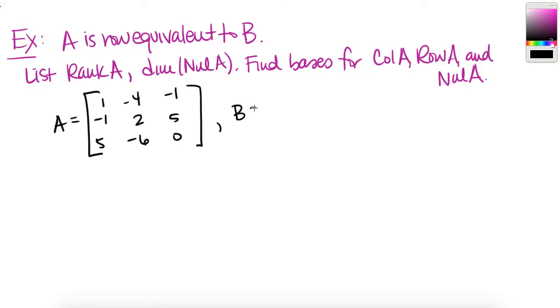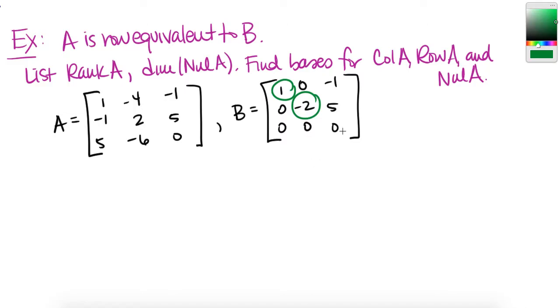That is row equivalent to B, which is here: 1, 0, 0, 0, -2, 0, -1, 5, 0. Okay. So first, A is row equivalent to B, and that tells us where the pivots are. So here's a pivot, here's a pivot. Great. And let's see what we want to do first.